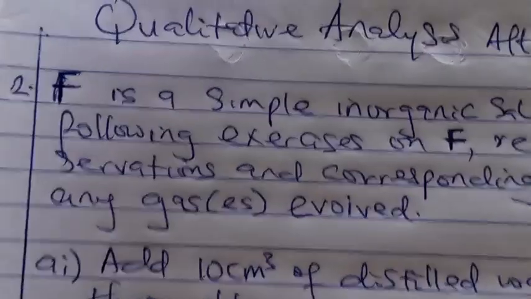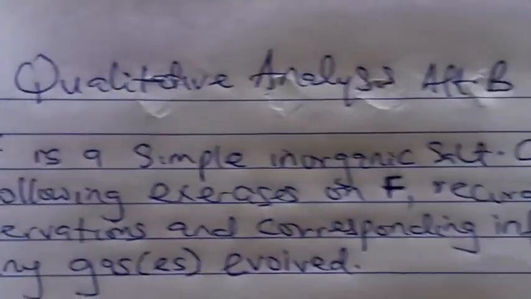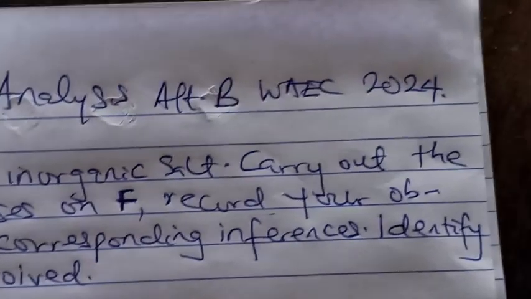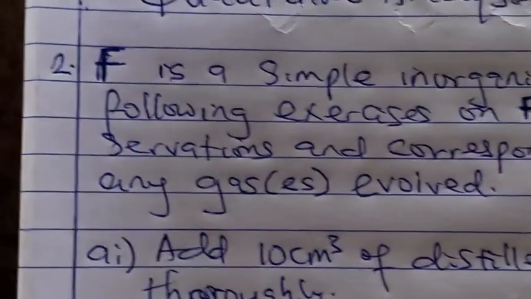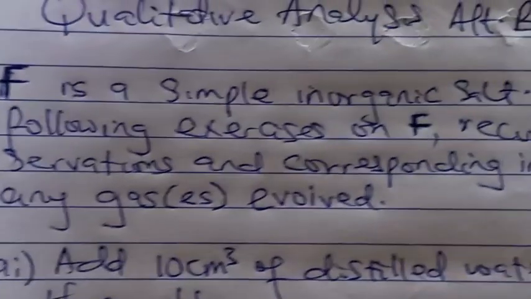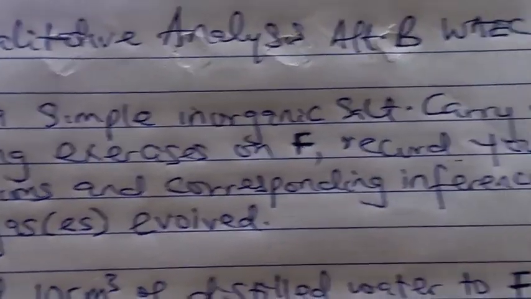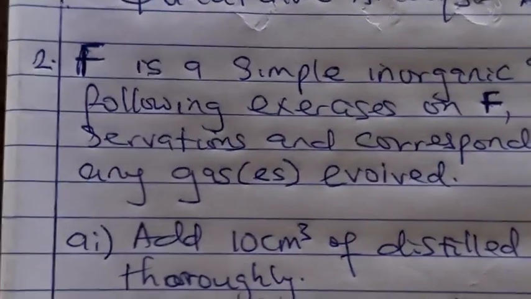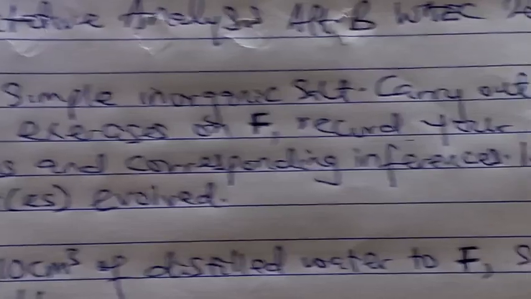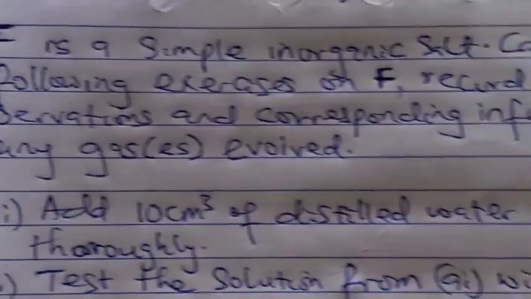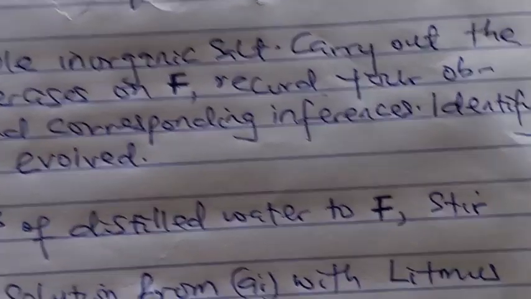So move to the question. Qualitative analysis, Alternative B, WAEC 2024. Number 2: F is a simple inorganic salt. Carry out the following exercises on F. Record your observations and corresponding inferences.